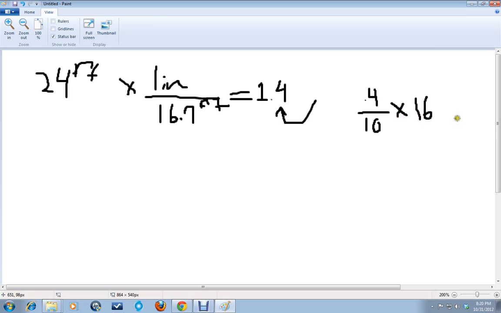Then you calculate that, and you should get 6.4. Alright, so now we know how much we have.